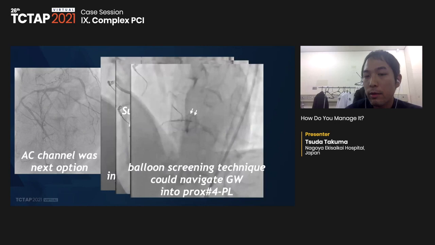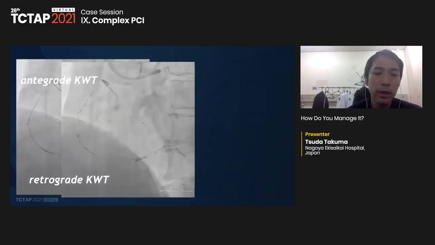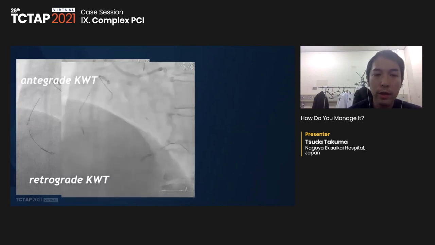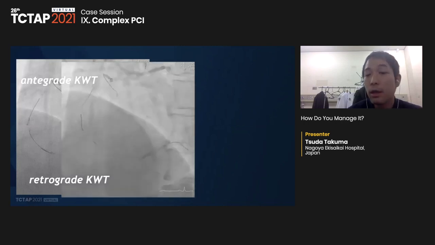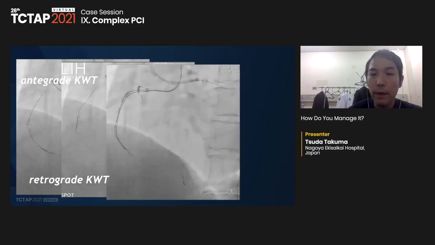After trapping the tip of the microcatheter, penetration was started retrogradely with the Gaia. After that, the antegrade knuckle wire and retrograde knuckle wire technique was performed, and the guide extension reverse CART was performed like this.